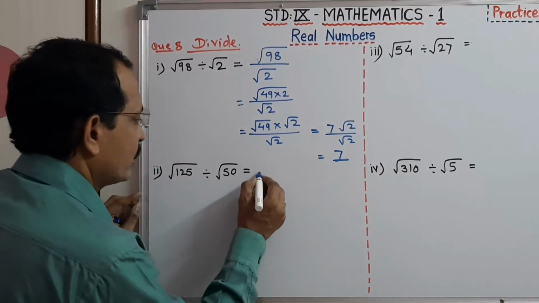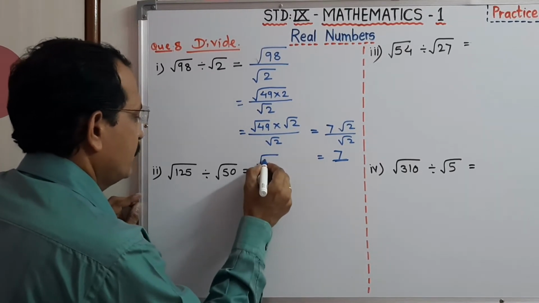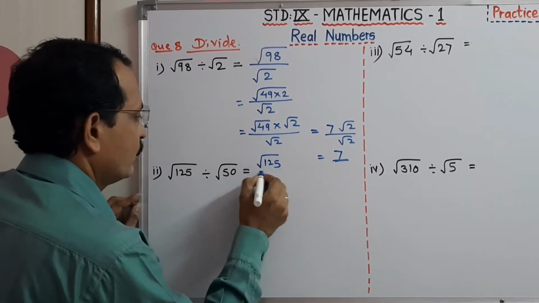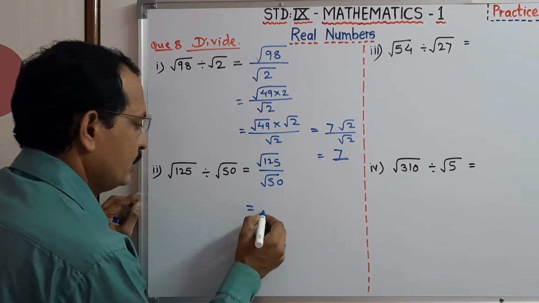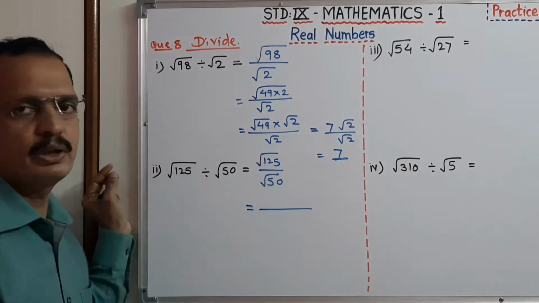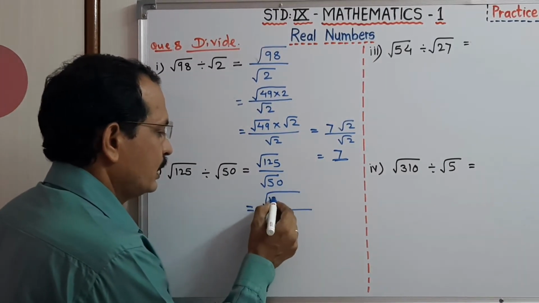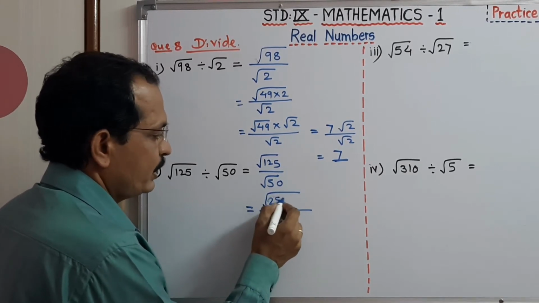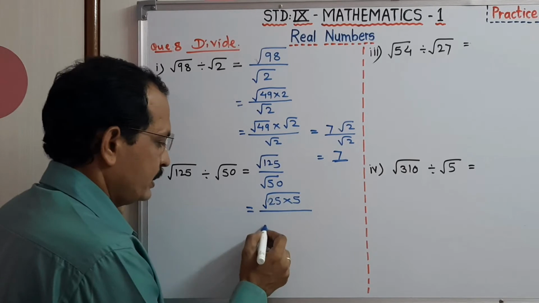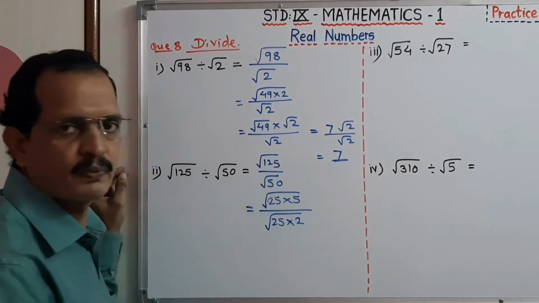Now see, again we have to write it like this: root 125 upon root 50. Now again find the factors of 125. 125 means 25 into 5, and 50 means 25 into 2.